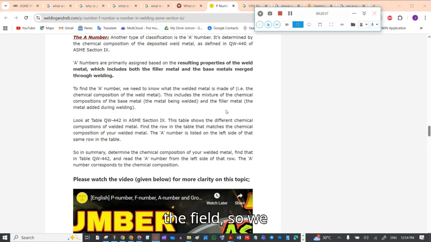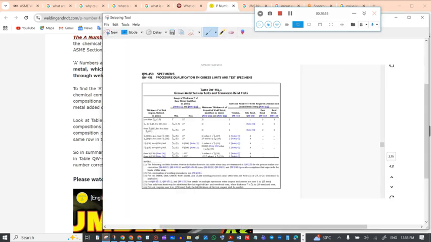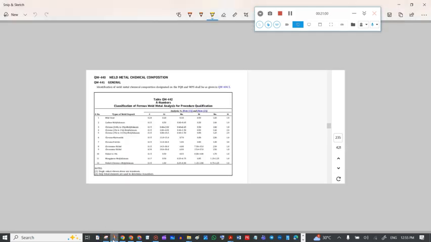So we have this table that shows different chemical compositions of the welded material. Find the row in the table that matches the chemical composition of the welded material. The A number is listed on the left side of the same row. So this is the table, QW-442, A numbers.